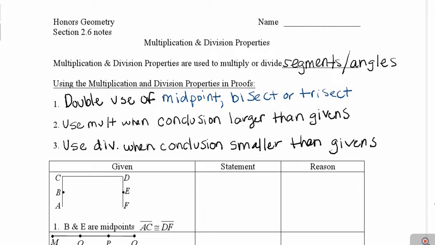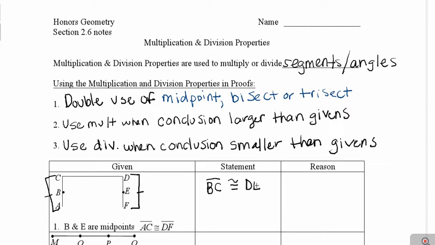Okay, so let's try some examples of just determining when to use multiplication versus when to use the division property. So our first given is that B and E are midpoints, so notice the double use of the word midpoint, and AC is congruent to DF. So since we cannot make those segments any larger, we can only make them smaller.